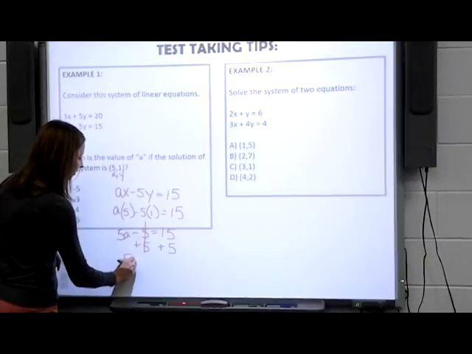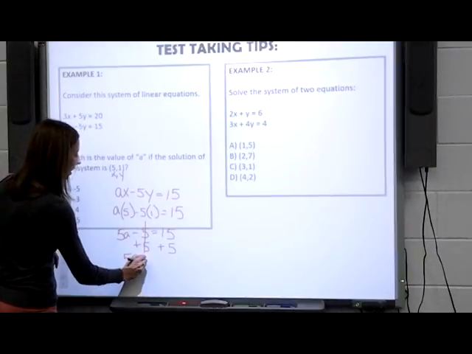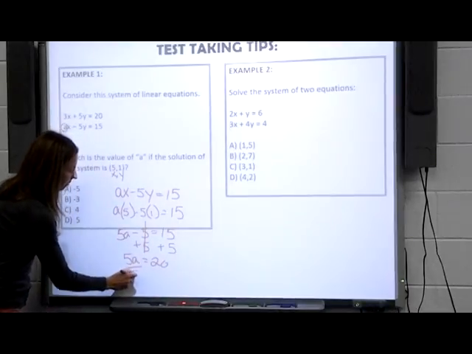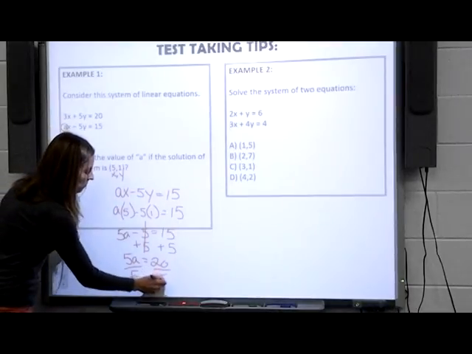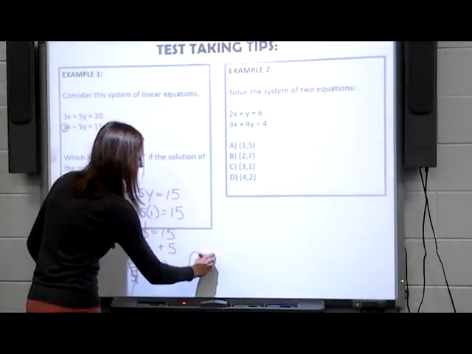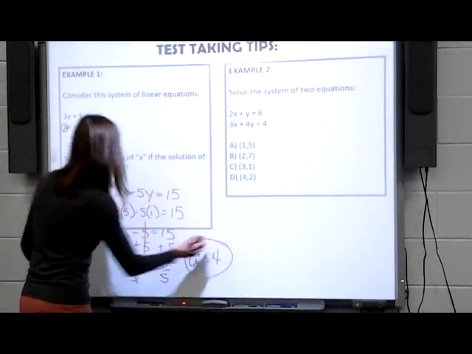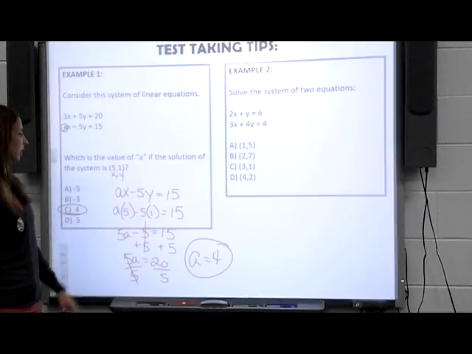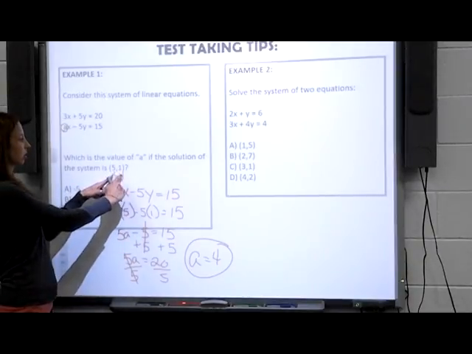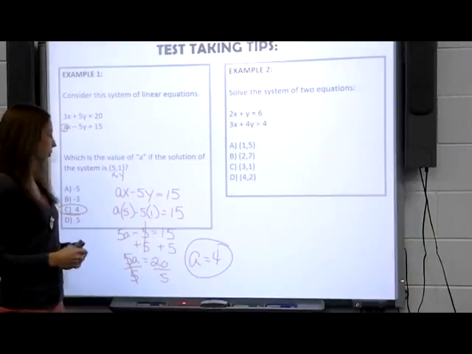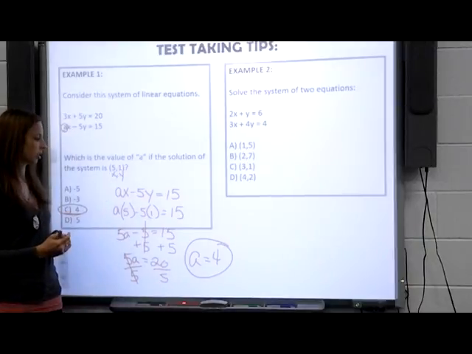Cancel. Okay, 5a equals 20. Divide this by 5. We get a equals 4. Okay, so choice C would be our answer there. Again, all we had to do was take x and y and plug them into the equation and solve for it. And that gave us our a value.